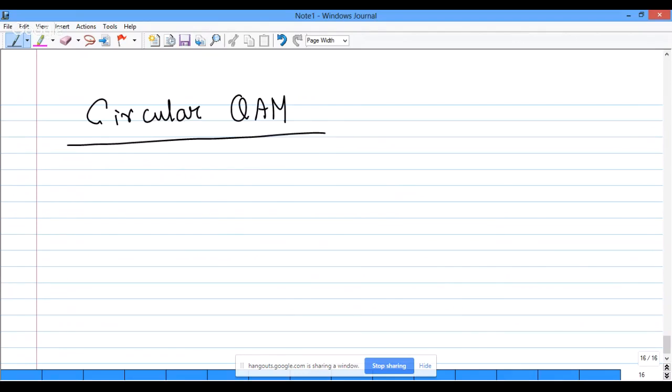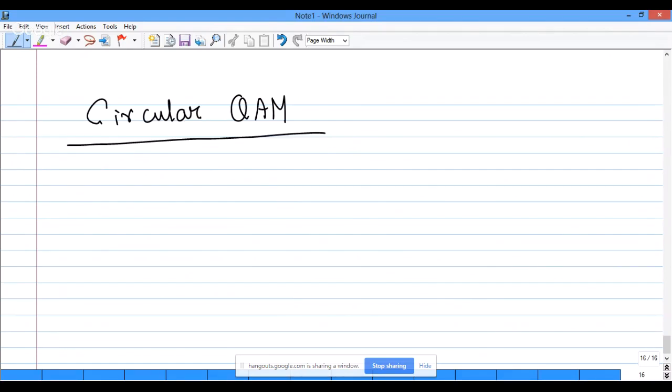In the case of circular constellations, the derivation of probability of error is much more complicated than in the case of square grid constellations, and hence there is not a very easy way to assess these circular constellation schemes, and they are also not used in practical systems.